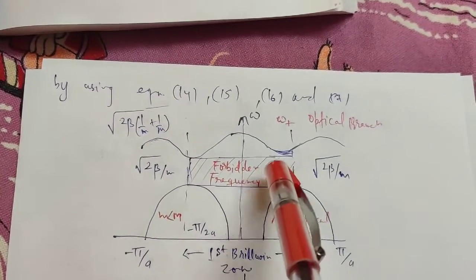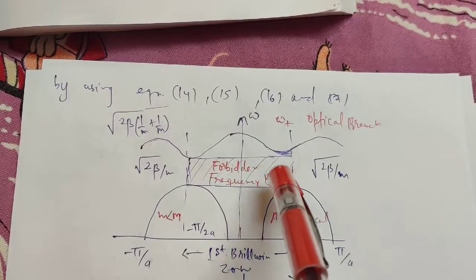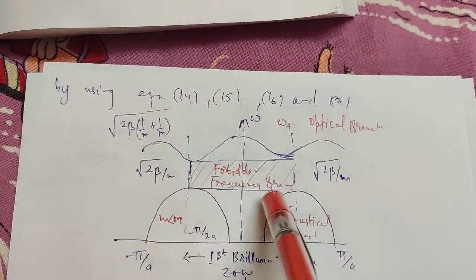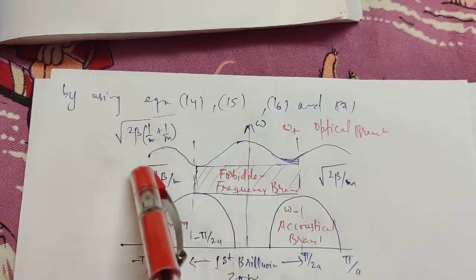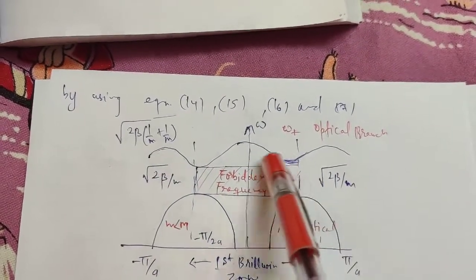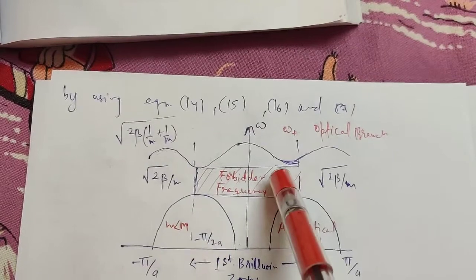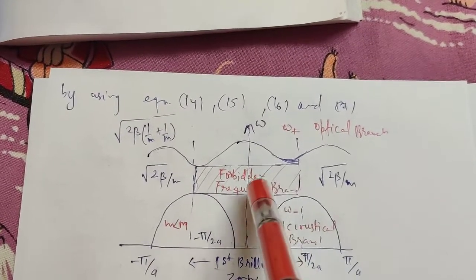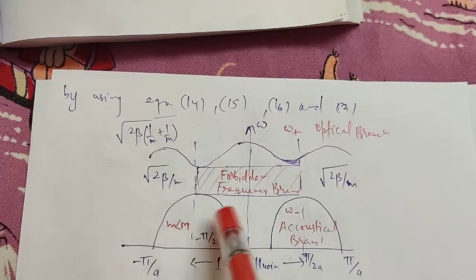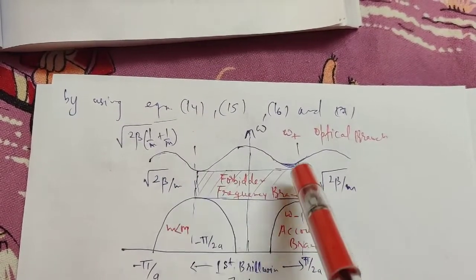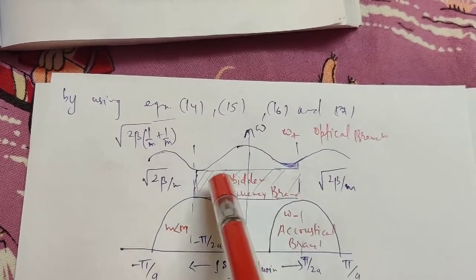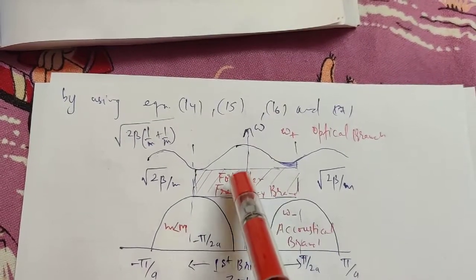Here we notice that between these two branches there exists a band of frequencies for which wave-like solutions are not allowed and are not possible. This means it is not possible to excite the lattice vibration with a frequency lying in this region. Hence this band is named the forbidden frequency band.